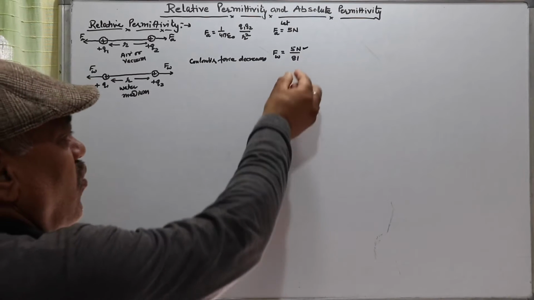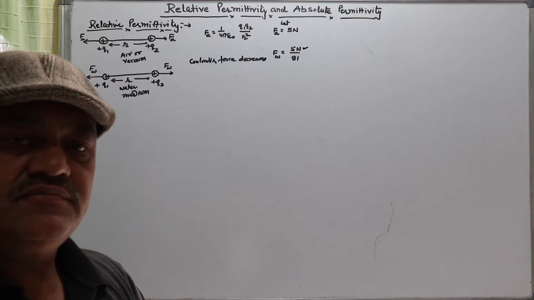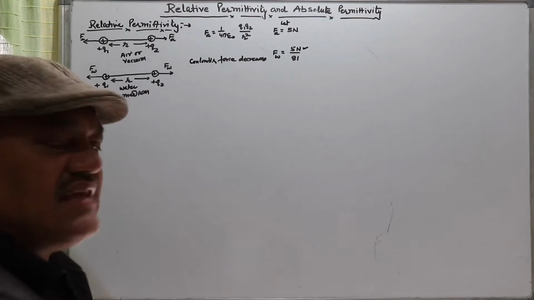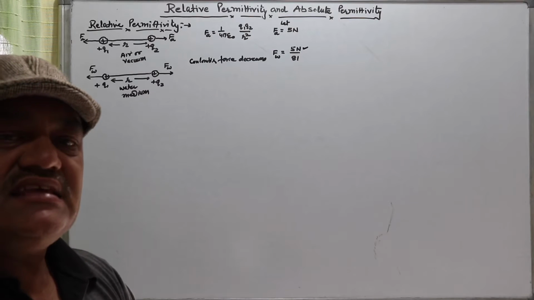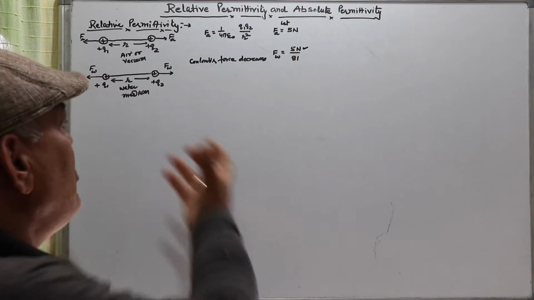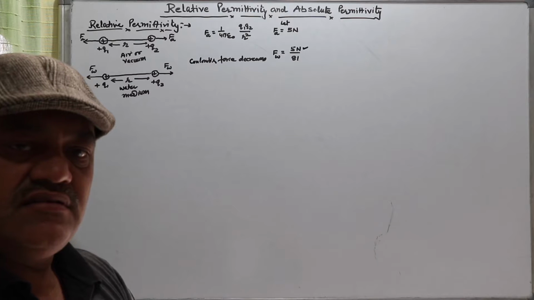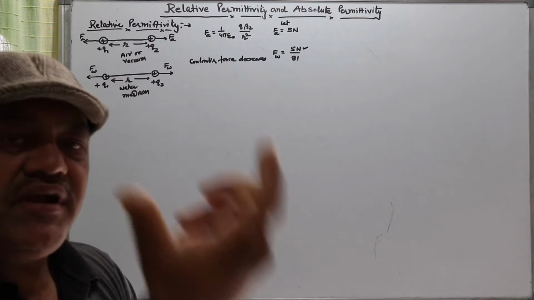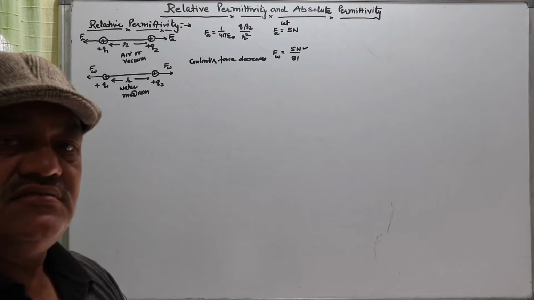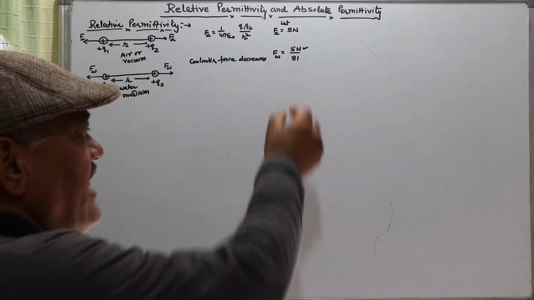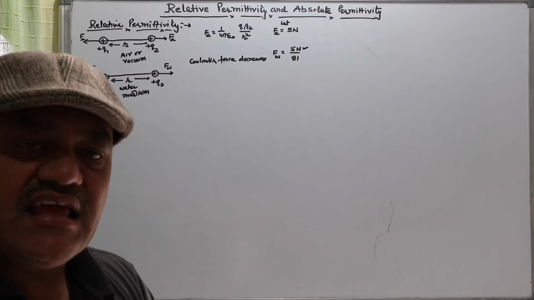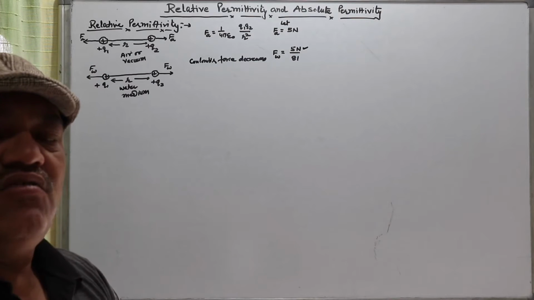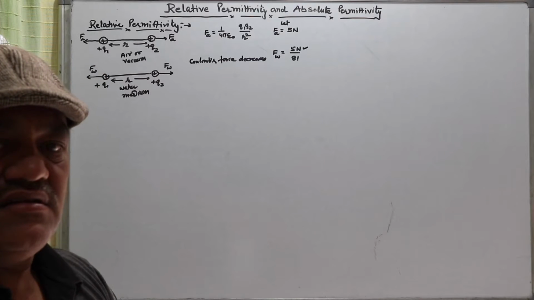Now, what is this 81? This 81 is the inherent behavior of water, or we can say it is the property of water. And this 81 is a constant for water.